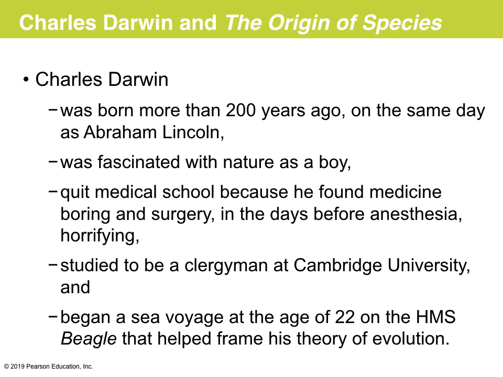So he then, as many in his family did, went to study to be a clergyman at Cambridge University. And he wasn't sure that was really working out either. So he took a job at the age of 22 on the HMS Beagle, Her Majesty's ship Beagle. Essentially, the captain wanted polite company, educated company, so he didn't have to hang around with all those sailors and rough people that worked on the ship.